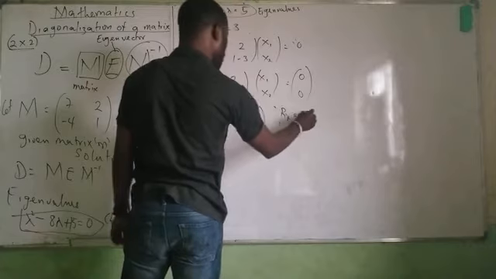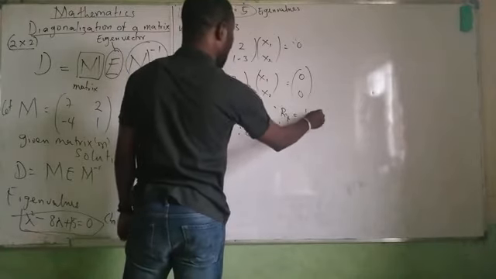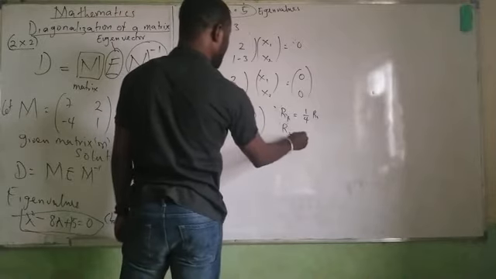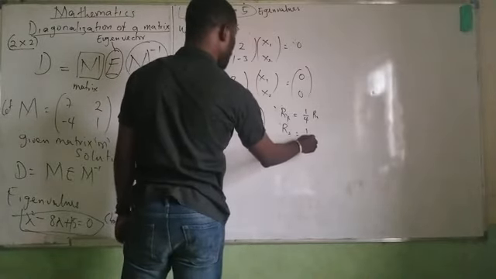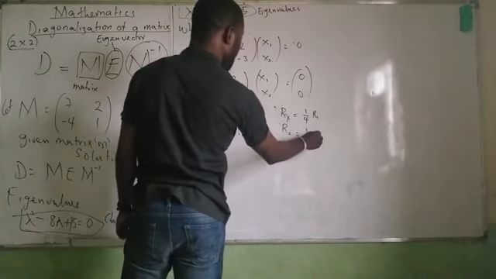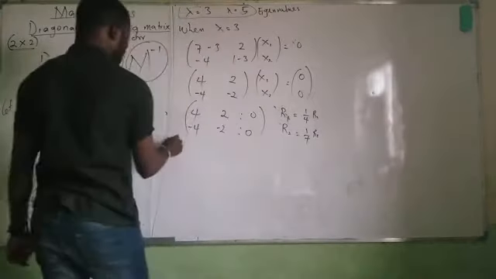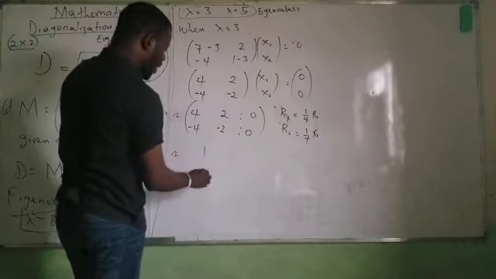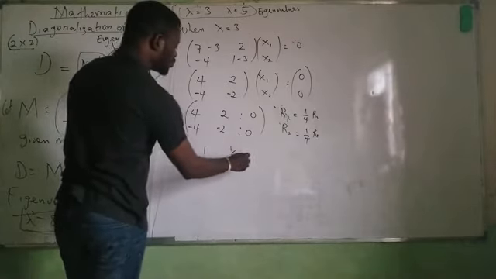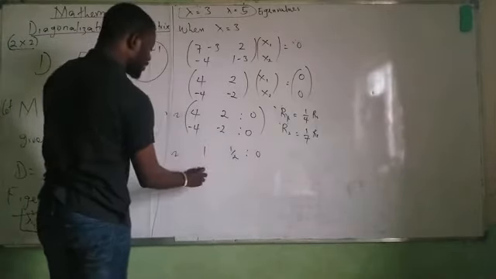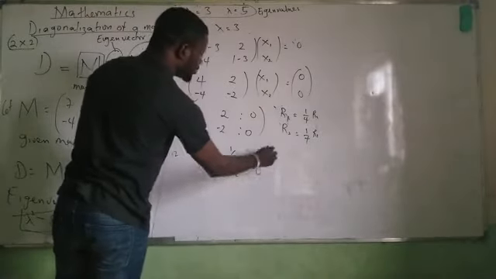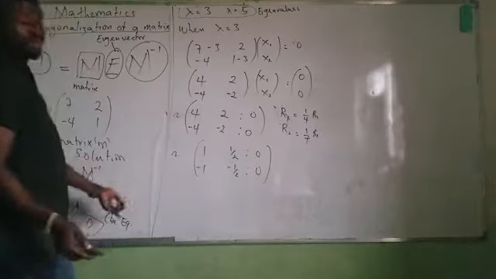R1 equals 1 all over 4 R1, and my R2 can be equal to 1 all over 4 R2. Now, reduction, it means I'll be having 1 all over 2, and 0, here will be minus 1, here will be minus 1 all over 2, and here will be 0. Now, I want to reduce.